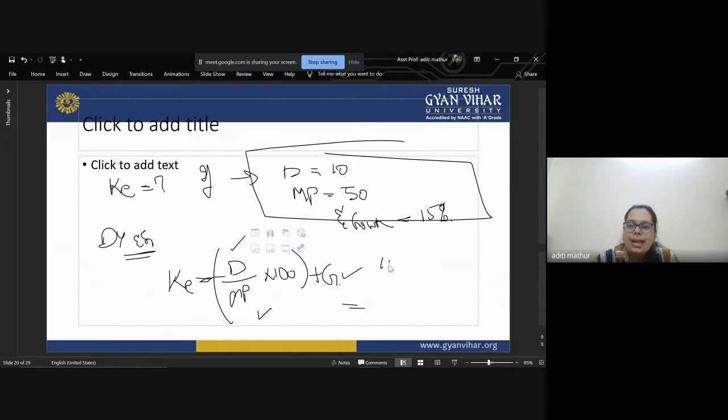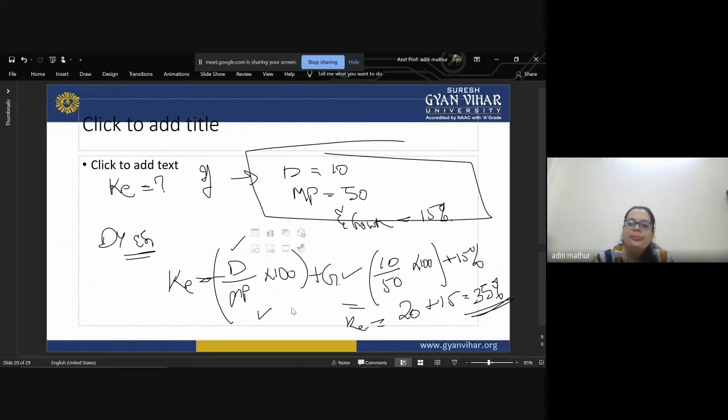It is 10 divided by 50 into 100 plus 15%, which will be 10 divided by 50 into 100 is 20% plus 15%, which is equal to 35%. So your KE is equal to 35%.